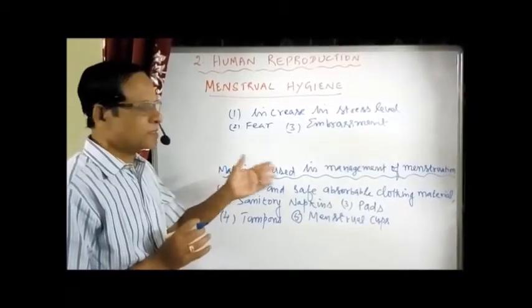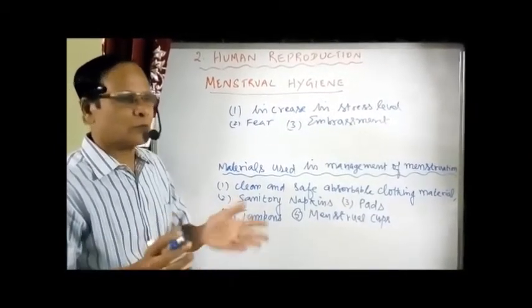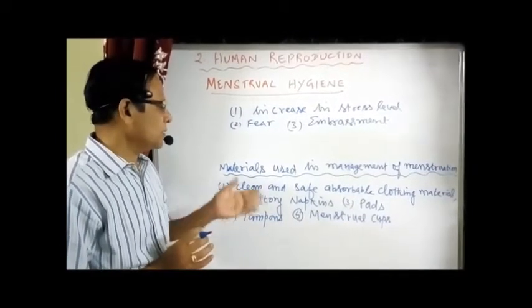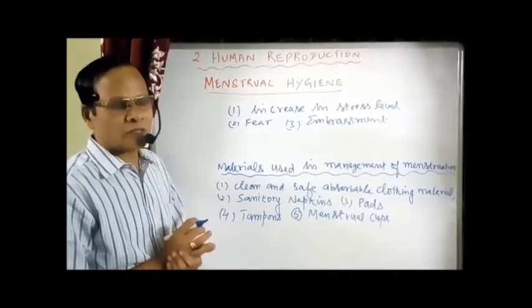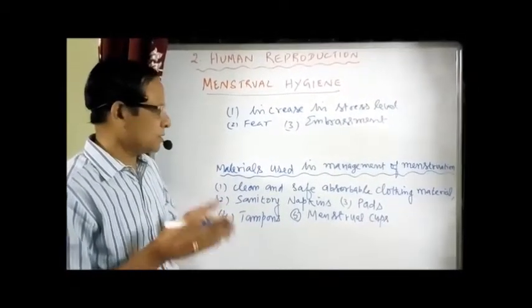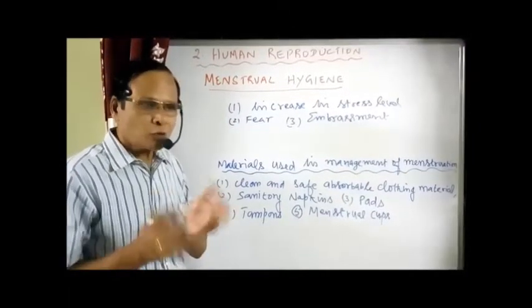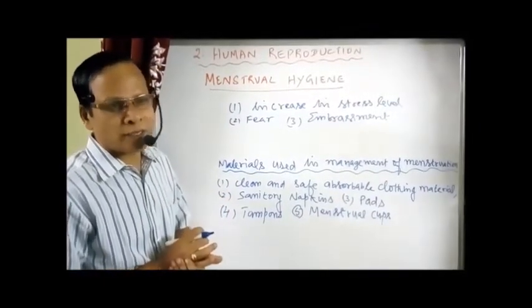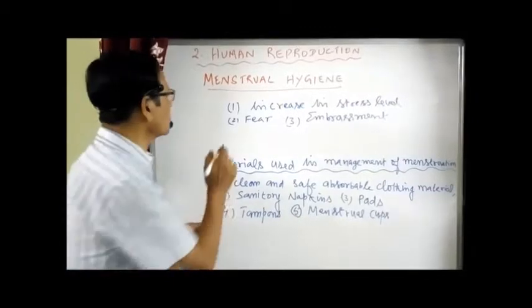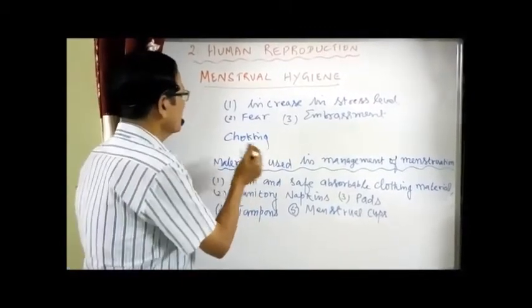The used sanitary napkins should be wrapped with paper and disposed of. Flushing sanitary napkins down toilets or into the drainage pipes of toilets can choke the drainage lines. Choking means blocking.